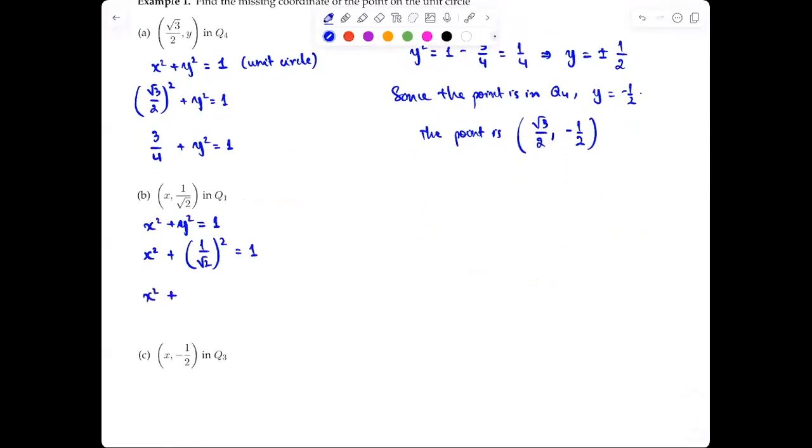So x squared plus 1/2 equal to 1. You solve for x squared: 1 minus 1/2 equal to 1/2. Then you take the square root on both sides of the equation. You should get plus and minus 1 over root 2.